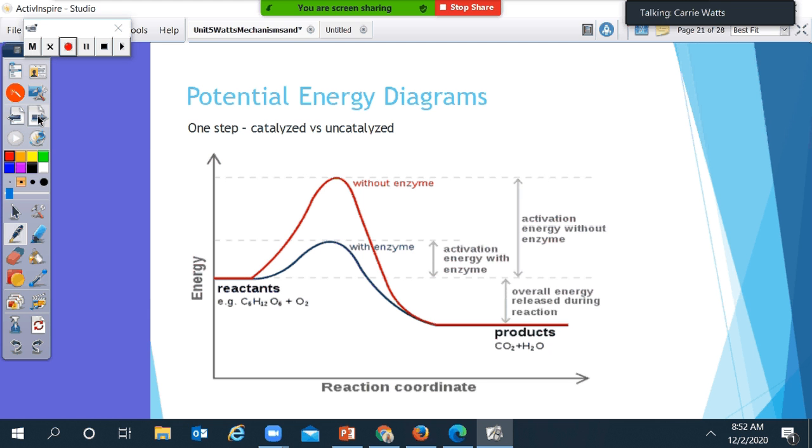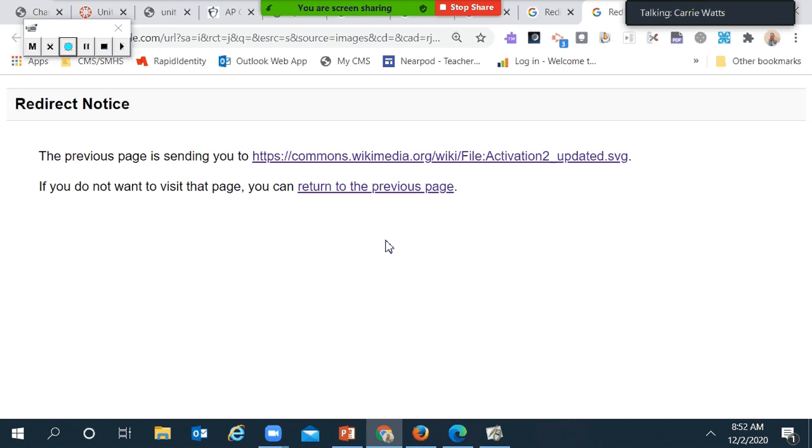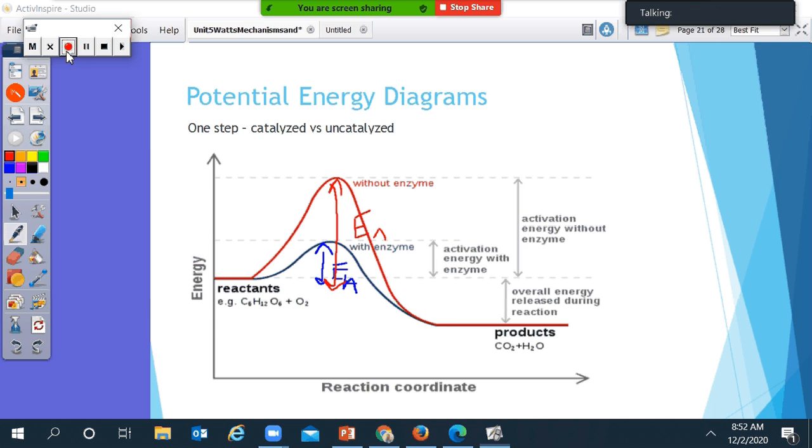Anyway, you can see here the activation energy of the catalyzed reaction, which is the blue, here's our activation energy, E sub A. And if I write in the activation energy without the enzyme, you can see that the activation energy is much lower. But notice the products don't change where they are.